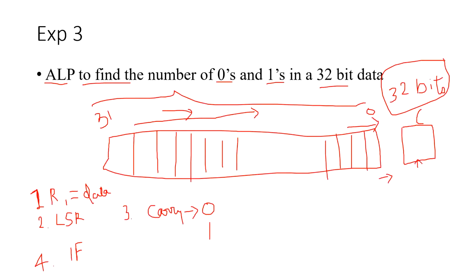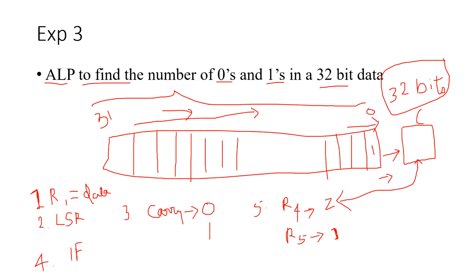Then I can have two registers. For example, I will take one as R4, and the second one as R5. Two registers, right? One I need to keep as a counter for zeros, and the second as a counter for ones. Whenever this LSB moves to the carry, and I find that the carry is 0, R4 gets incremented.